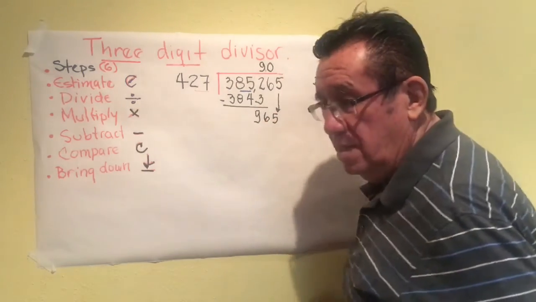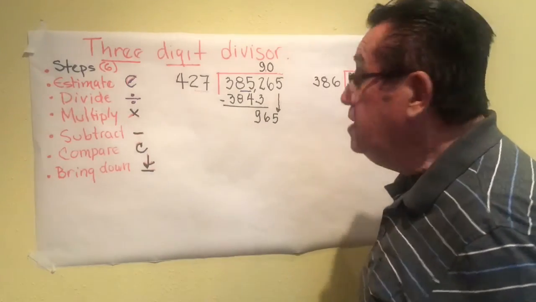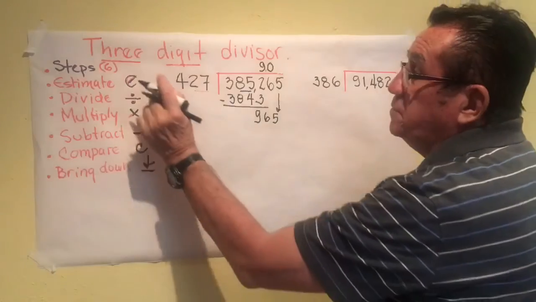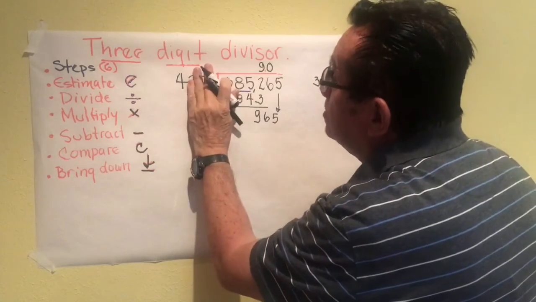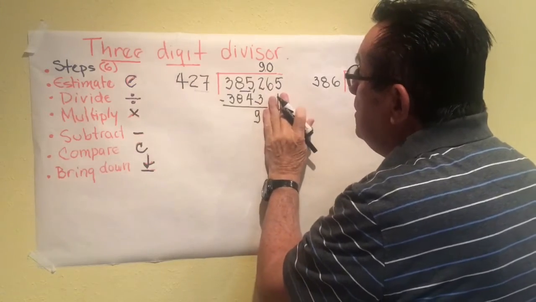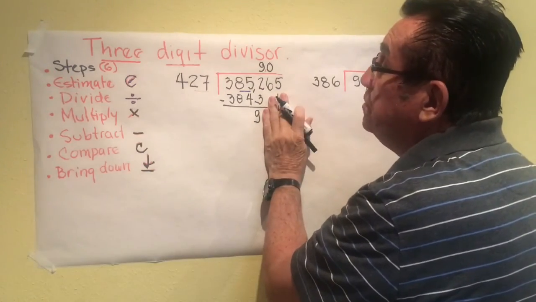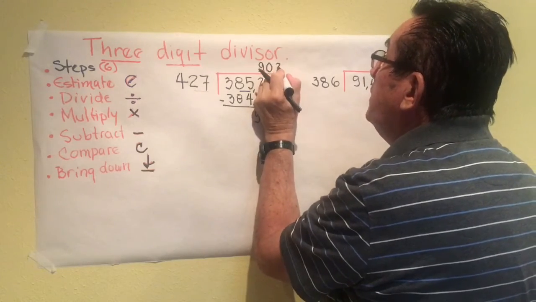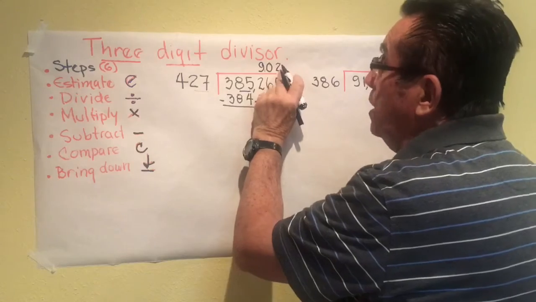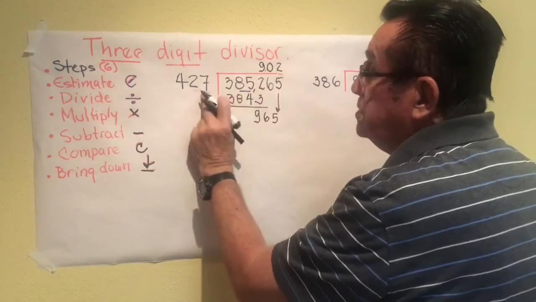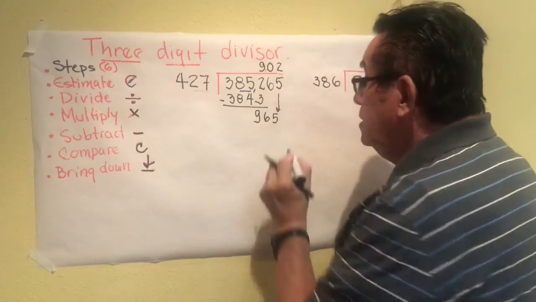And now, I can see this number is bigger than this one, so I can divide it. So I have to estimate. I close these 2 numbers, and I close these 2 numbers. So, how many 4s are there in 9? At least 2, because 2 times 4 is 8. So my estimation is going to be 2. So I multiply now. 2 times 7 is 14, right?